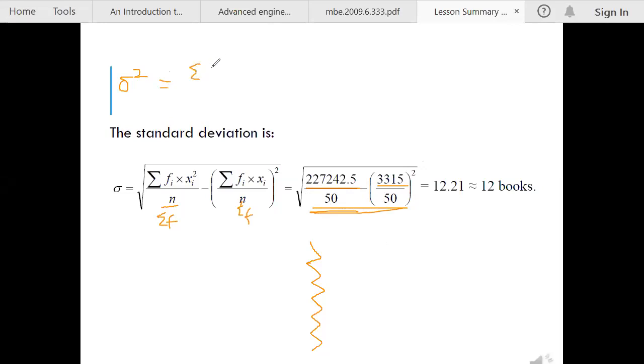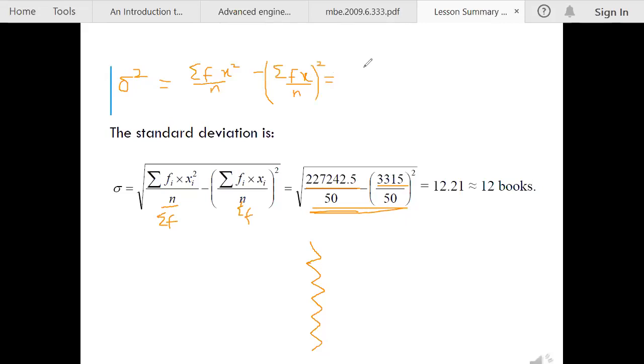So the variance is just that under the square root, which is summation of fx squared over n minus summation fx over n, all squared.